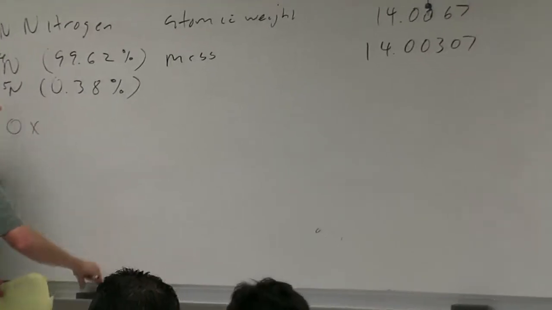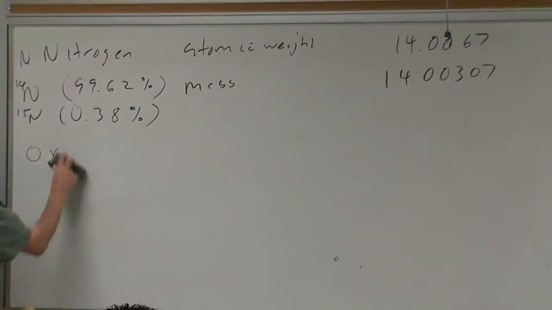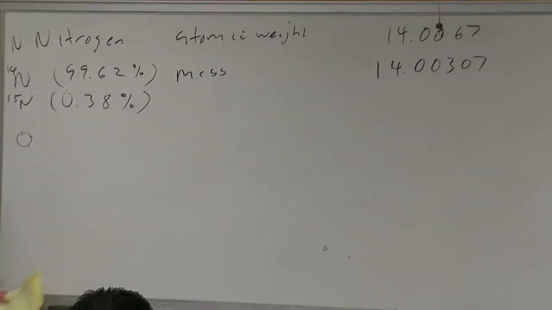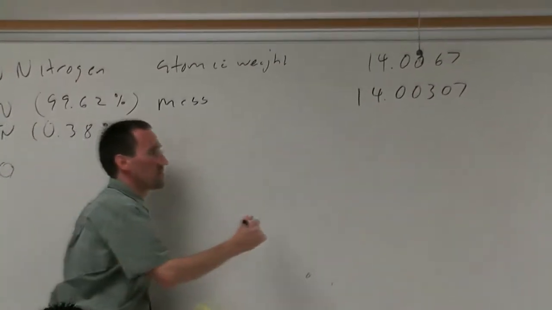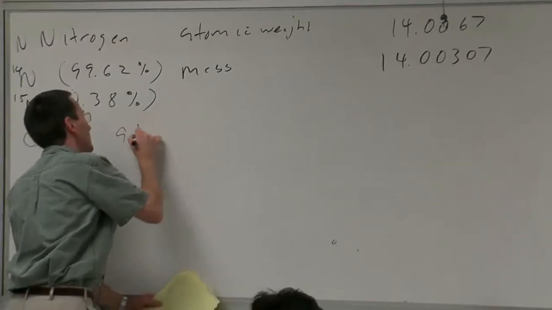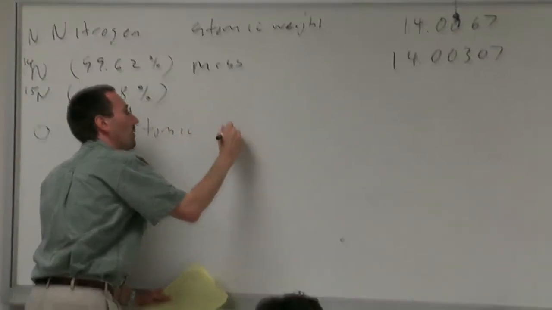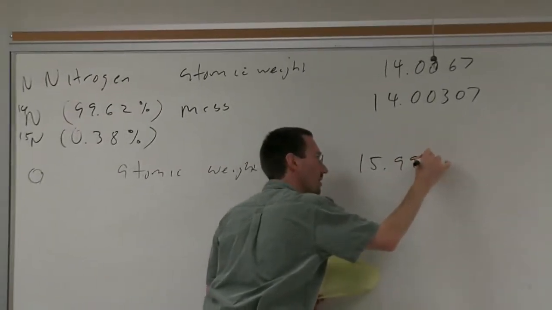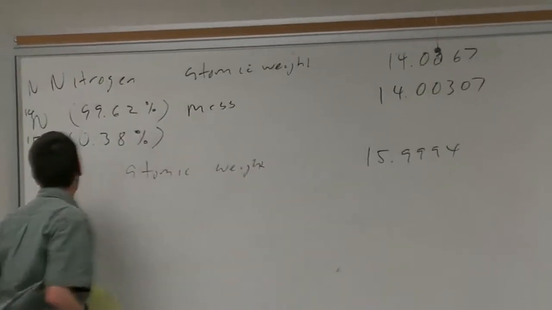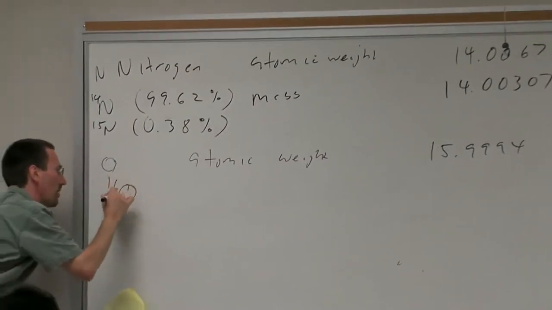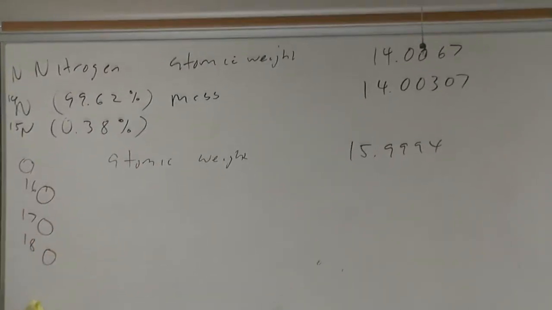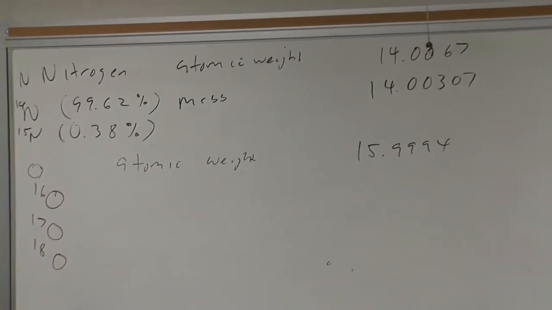Oxygen, I'll just write O. Again, the atomic weight you're used to is 15.9994, and yet oxygen is a mixture of oxygen 16, oxygen 17, and oxygen 18.